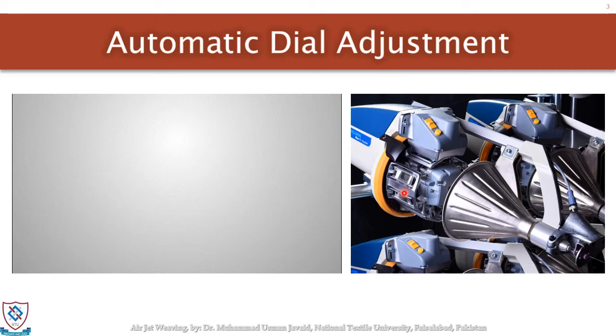The technician no longer needs to use an L key or other tools to open the dial and fix it. You can just adjust the dial from the machine setup.